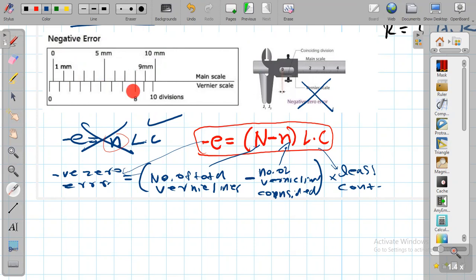Actually it shows like 8 because the markings started on the opposite side. So you have to do an opposite operation. How to find the total lines coincided? Get the total number of lines in the vernier scale and subtract the line coincided. You will get the actual number of lines which coincided. Understand? I'll explain.